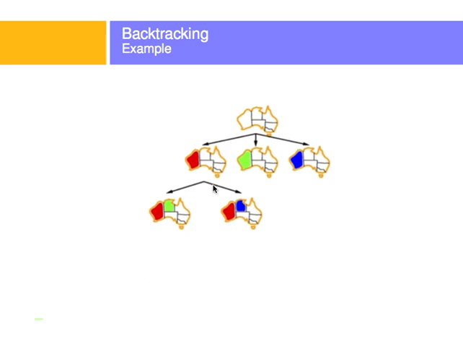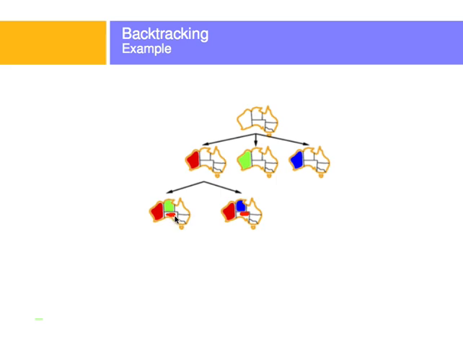However, there are many ways in which this can be optimized. For example, when we're at this step, it might be advisable to assign the color for the South Australia province. It might be useful to assign this one because this one is going to get us more bang for the buck.